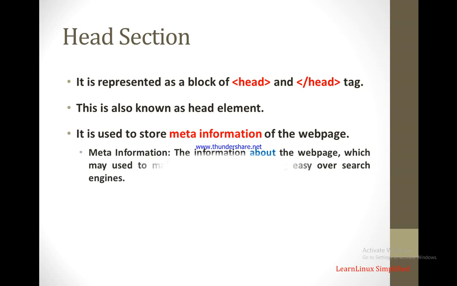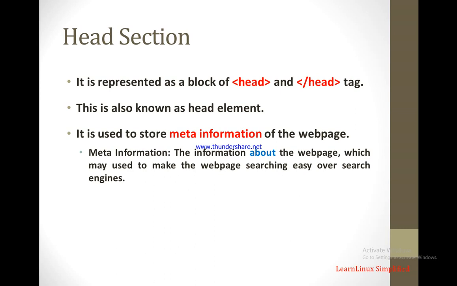Now, what is meta information? Meta information is the information about the web page which may be used to make the web page searching easy over search engines. It contains various information like date of creation, name of author, purpose of the web page, description, keywords, etc. Right?